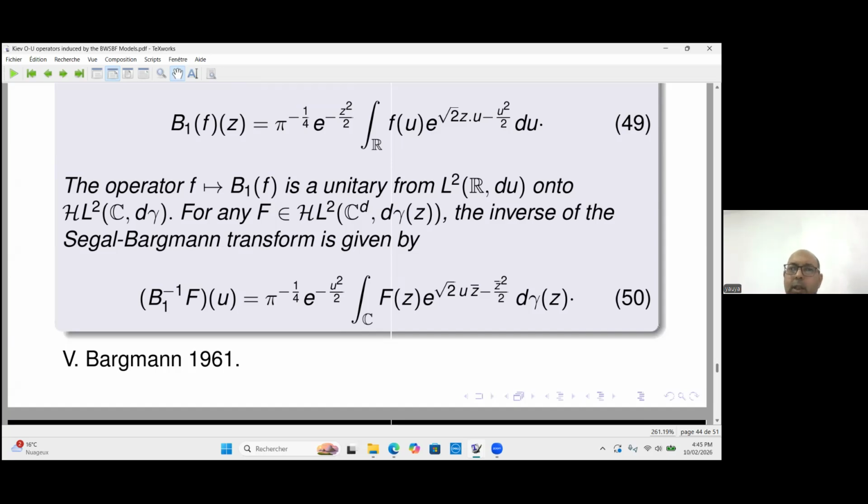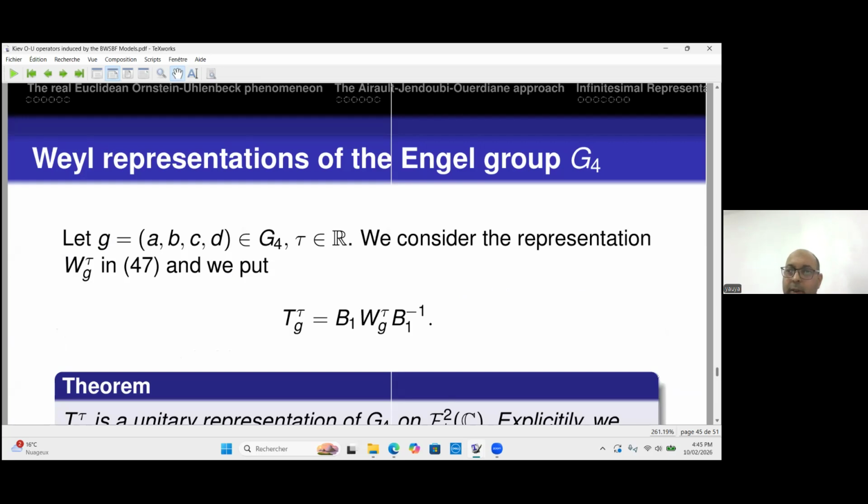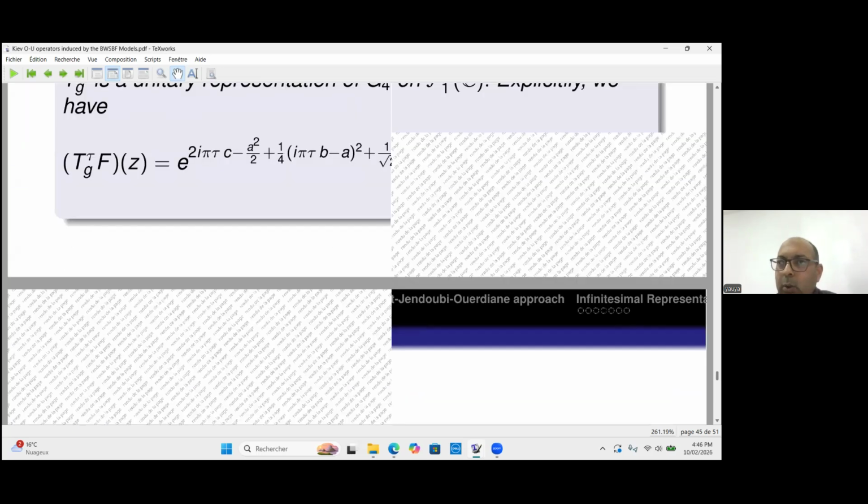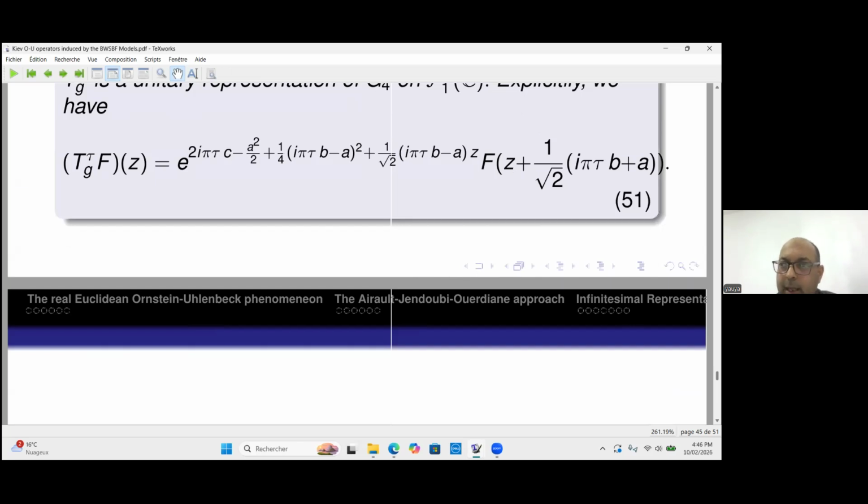So, to obtain the Weyl representation here, we write the intertwining identity Tj equals B1 W B1 minus 1. And we obtain this holomorphic representation in the Fock space, where our representation is also labeled by some real number tau.